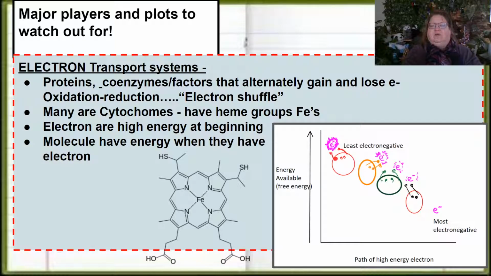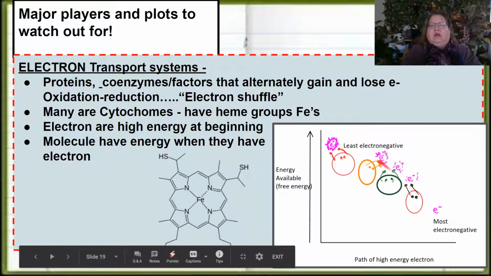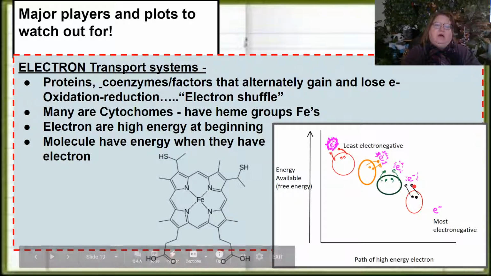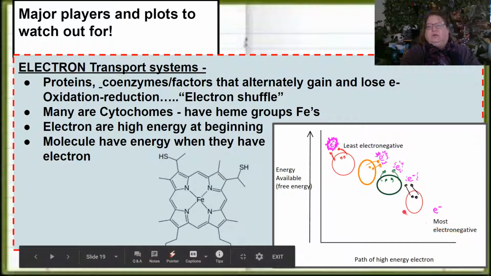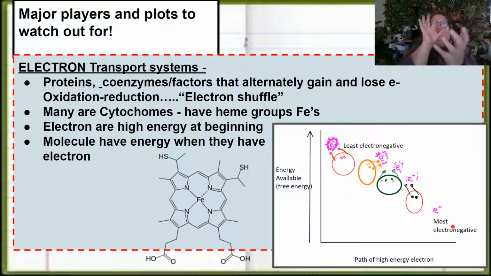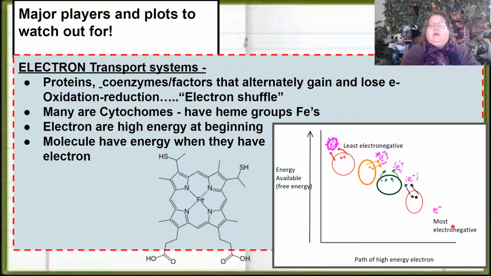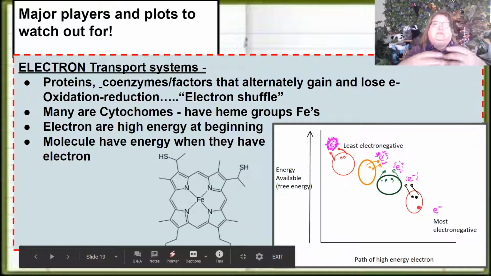It is not electronegative, meaning that it's willing to give its electron. And then these molecules kind of pass the electrons along. And as they do that, the energy goes down, kind of like a hot potato that gets cooler as we go. And then down here, we would have an electron acceptor that's very electronegative. It wants that electron. But now that electron has kind of spent its energy, it's done with its energy.